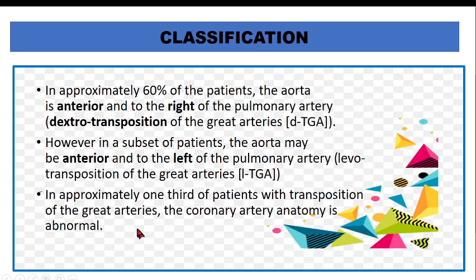So what we have studied here are two types of transposition of the great arteries in relation to the position of the aorta. If the aorta is to the right of the pulmonary artery, it is called dextrotransposition. If it is to the left of the pulmonary artery, it is called levotransposition. And 1/3 of the patients will have abnormal coronary artery anatomy.